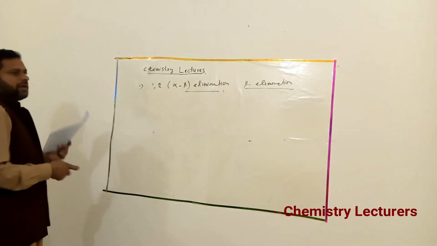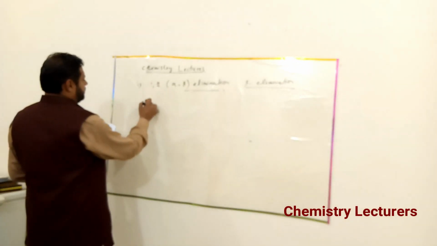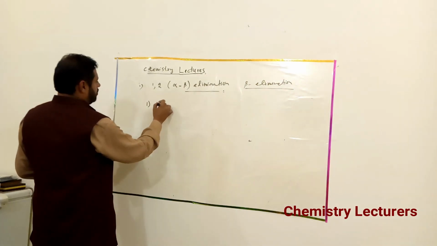Depending upon the mechanism, the first major type of beta elimination reaction is number one, the E2 mechanism.